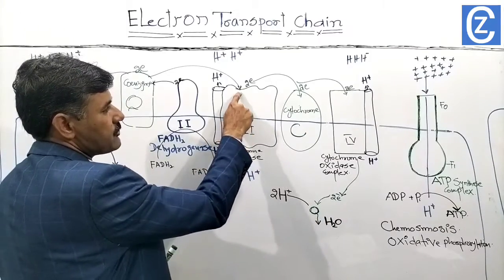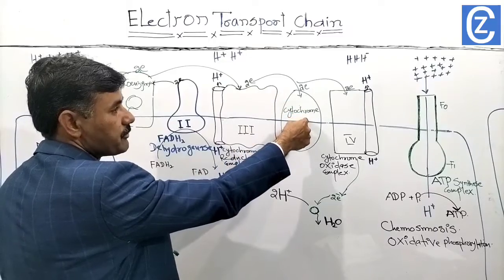The cytochrome reductase complex can then transfer these electrons onward to the cytochrome C complex.